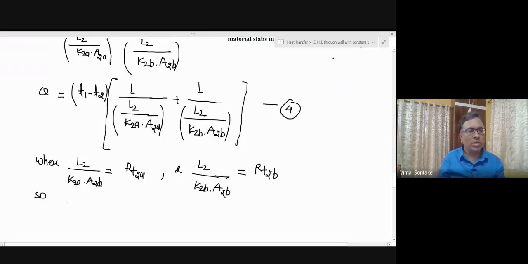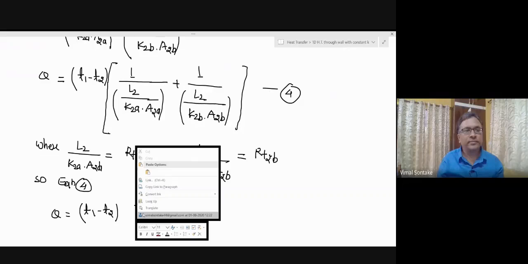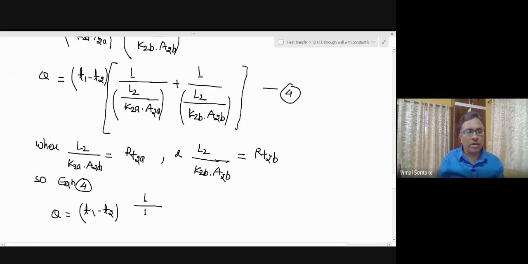So equation 4 can be written as Q is equal to T1 minus T2 over 1 over RT2A plus 1 over RT2B.